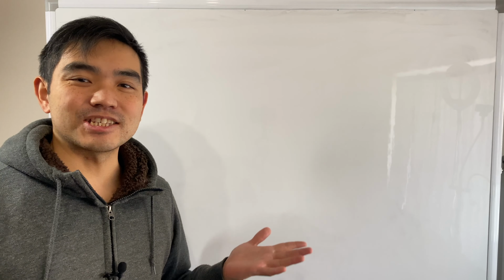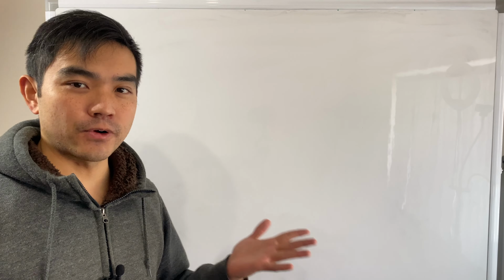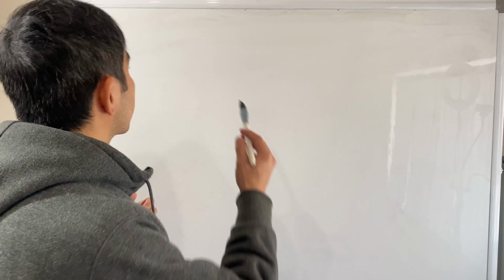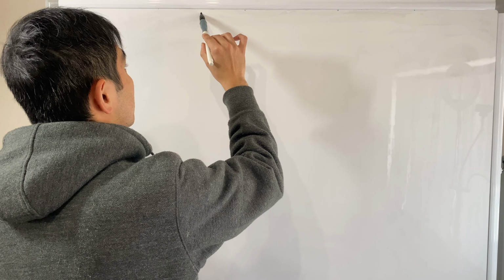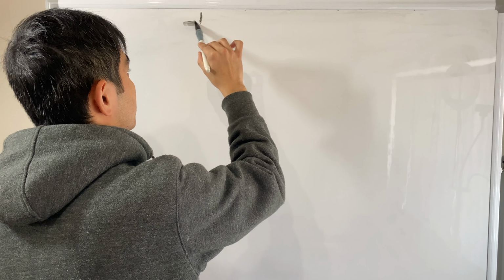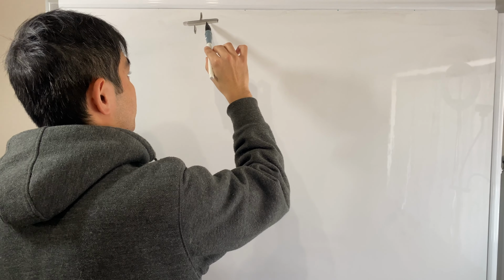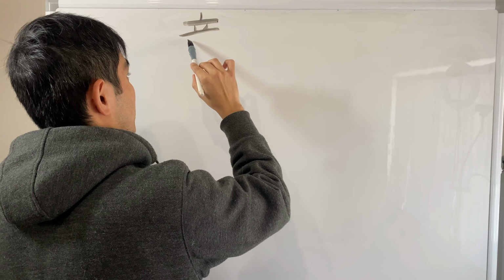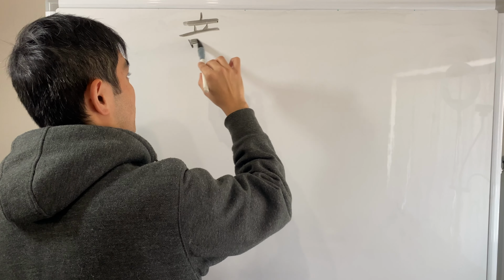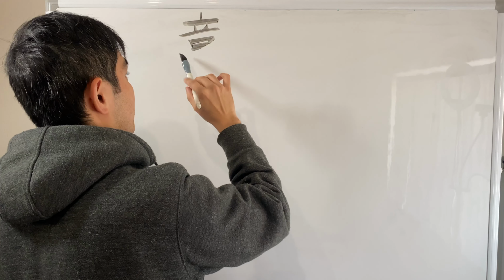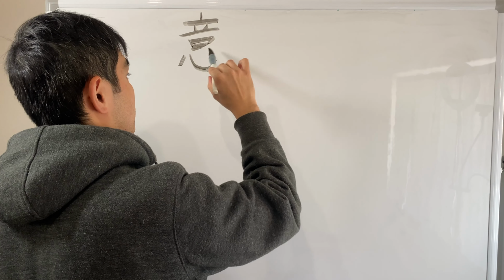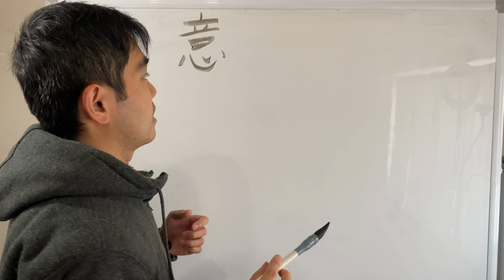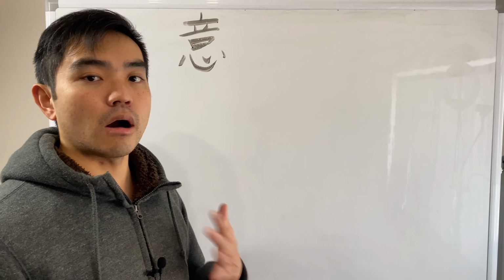Okay. Today's last 4 kanji. The first, will. Pull down across, stamp, sweep across, and the kanji of the sun, then the kanji of the heart.